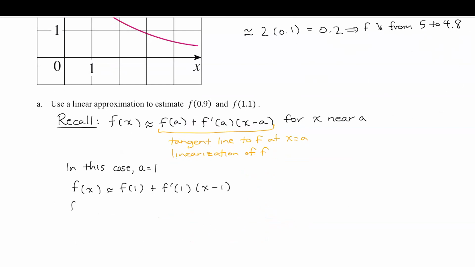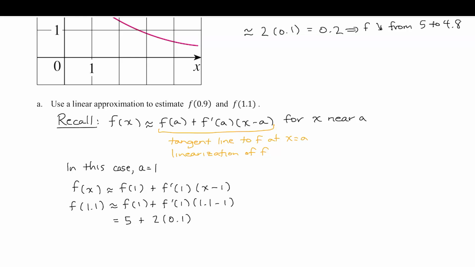We were at 5. And then we're going to change by the amount of the derivative prorated for however far from 1 we go on the input. So, for example, f of 1.1, I'll do that one first, is approximately f of 1 plus f prime of 1 times 1.1 minus 1.